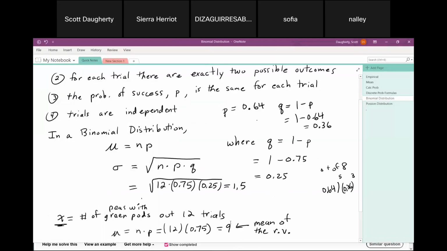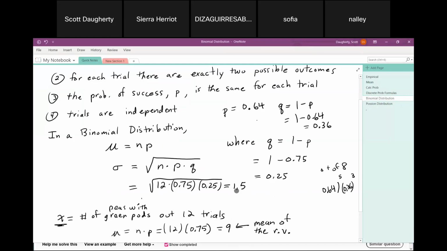Okay, so this is a measurement of how much the random variable varies from 9. By the way, if the standard deviation had been 0 here, that means there's no deviation from 9. That would mean that you're always going to get 9. I mean, you're averaging 9, but if the standard deviation is 0, then you're always getting 9.